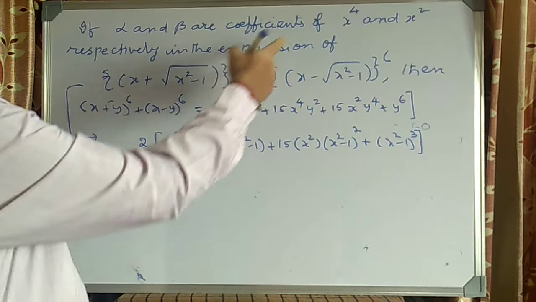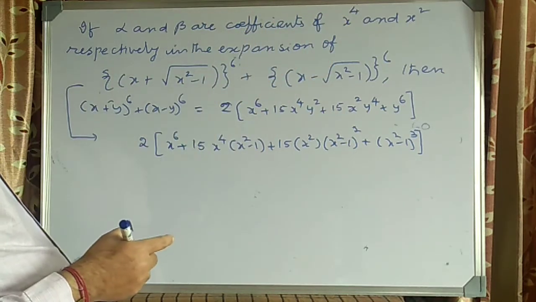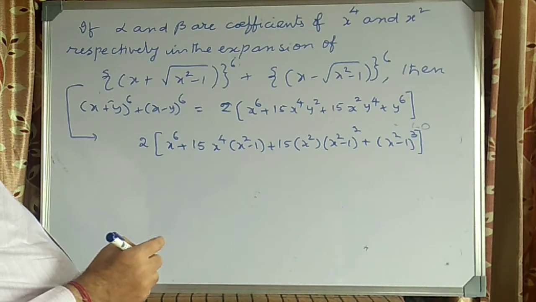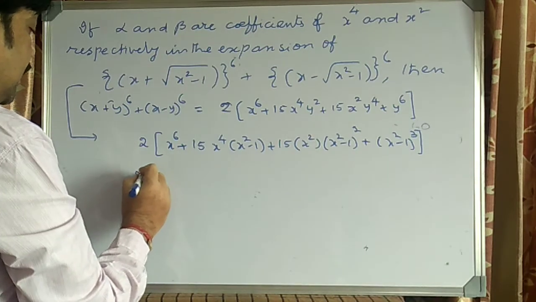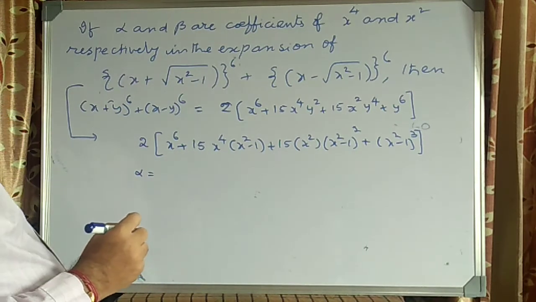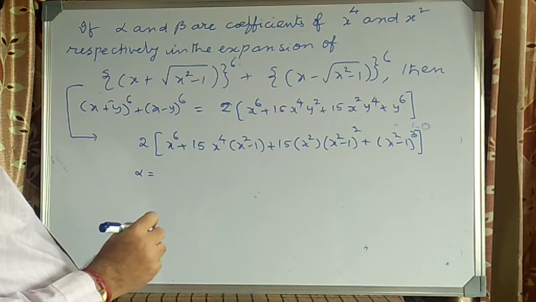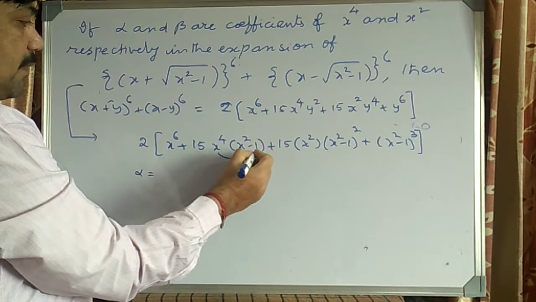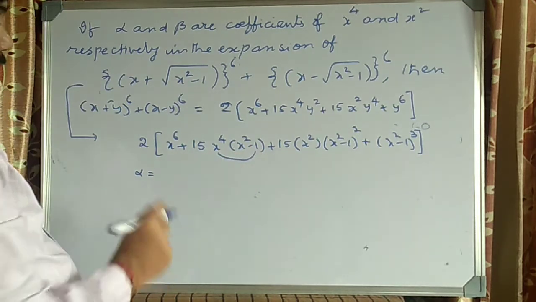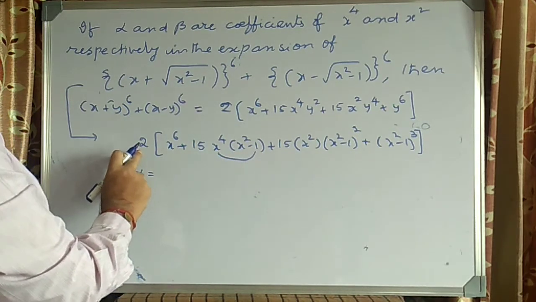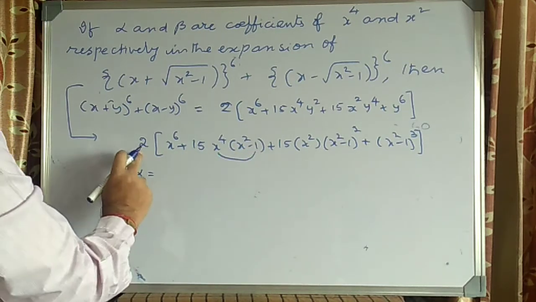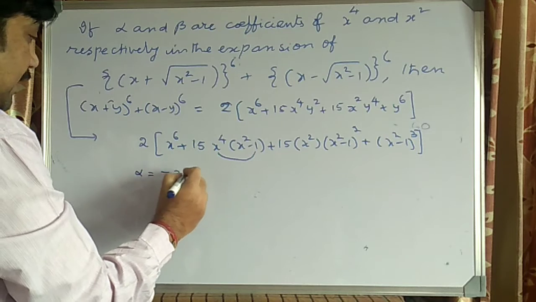Now I want only the coefficient of x to the power 4 as well as the coefficient of x square. So I take alpha, considering only the terms which have x to the power 4. Now you can see x to the power 4 multiplied by minus 1, and by 2 also. So the total is 15 into minus 1, minus 15 into 2, which is minus 30.